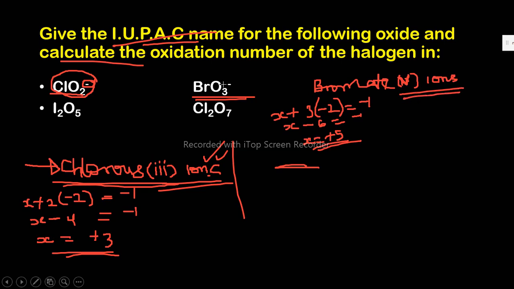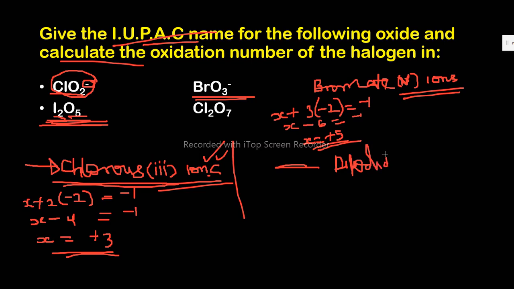Anybody who presented that? Fair. Now this one is not an ion. So when we are naming, we shall name it the way it is. And I'm seeing 2 iodine atoms plus 5 oxygen atoms. So therefore it is tri, not tri, but di. Diiodine.